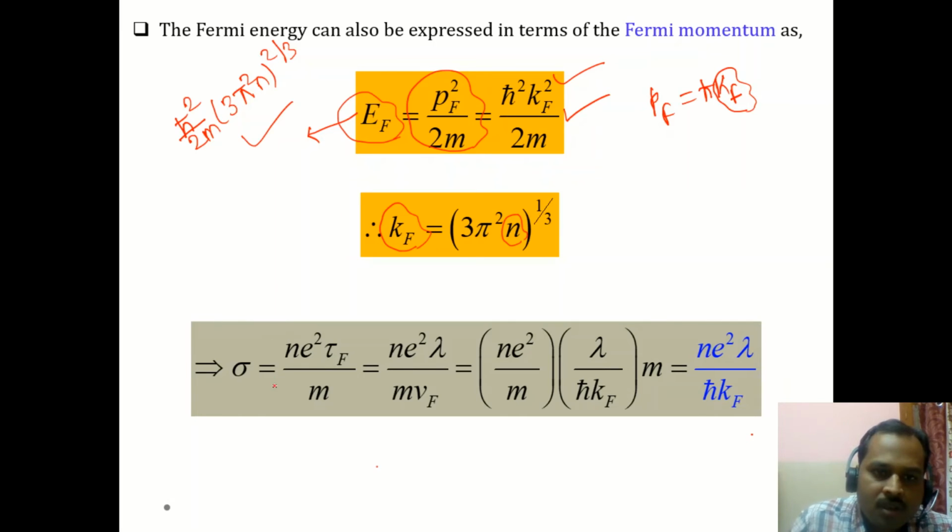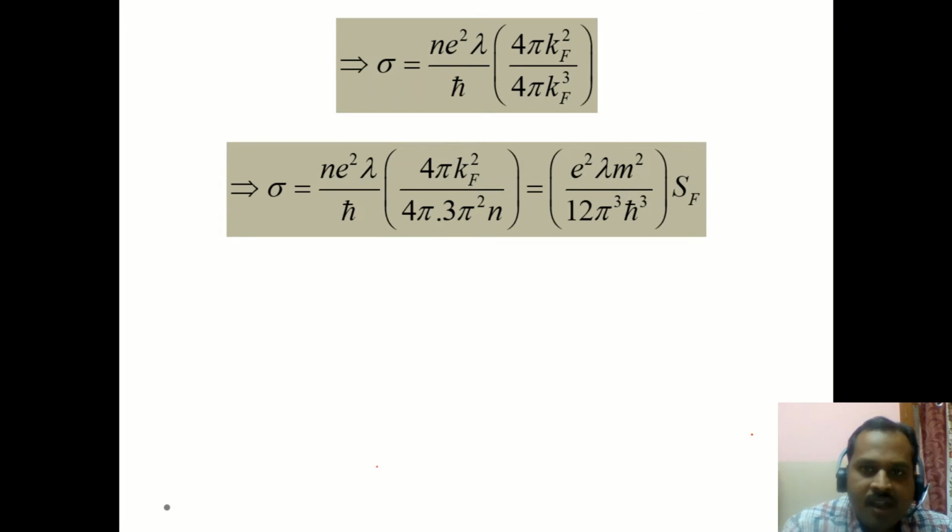In fact, we can do some mathematical rearrangement and we can write the conductivity in terms of the Fermi wave vector, that is h cross kf. And finally, again we can obtain an expression.